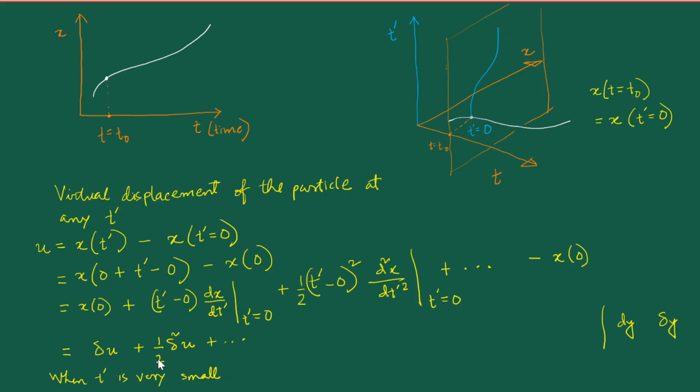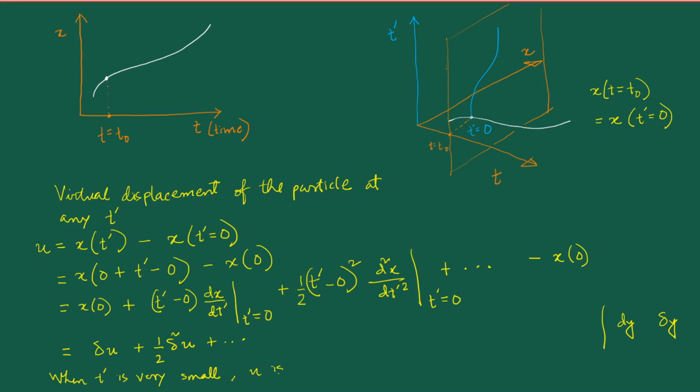Of course, a little bit of difference will be there because we are not considering these higher order terms, but u will be well approximated by this delta u, provided our t' minus 0 is very small.